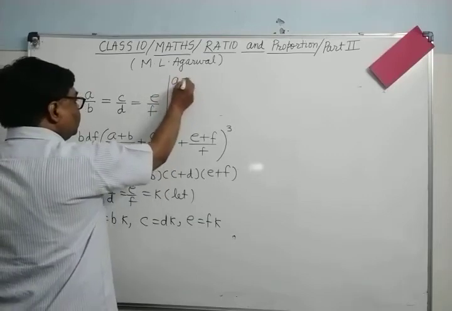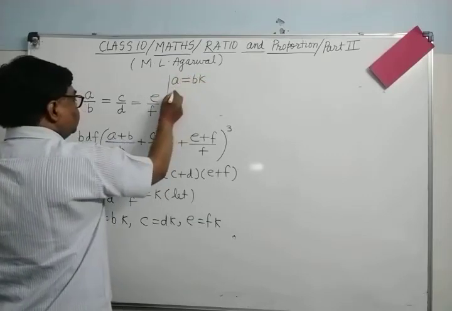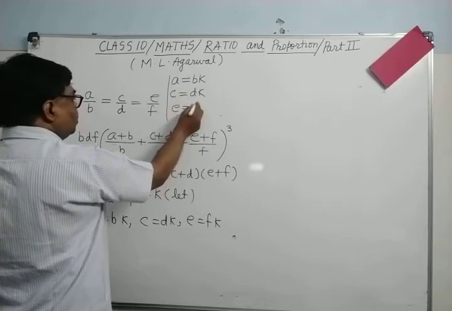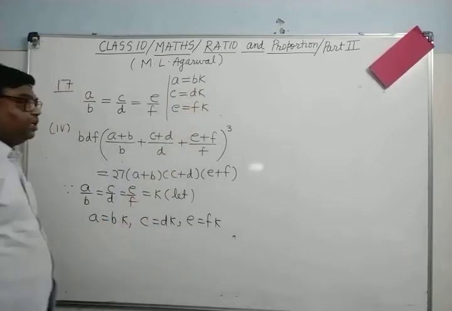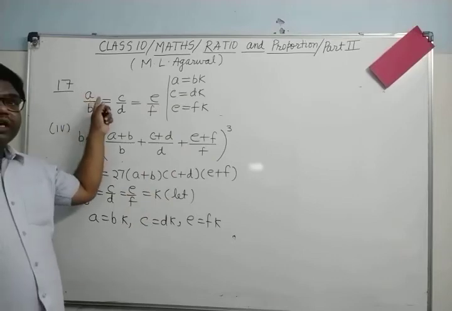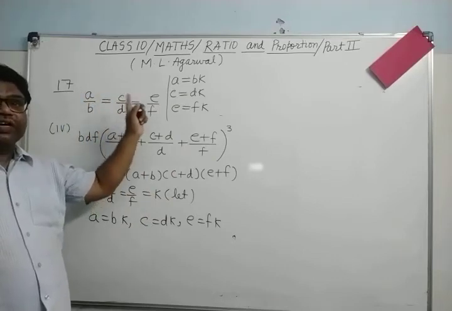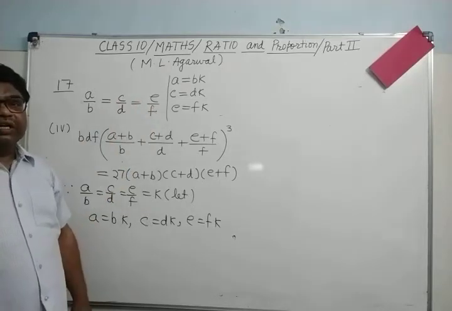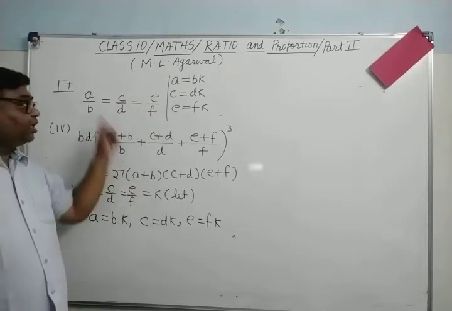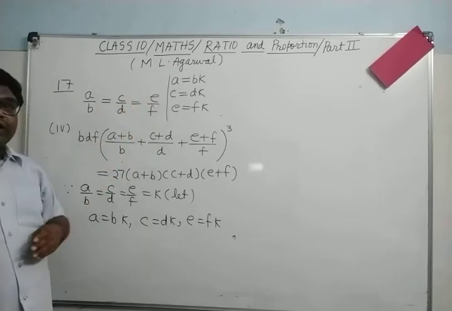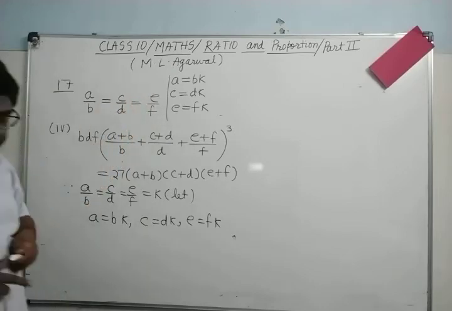You have got A equals BK, C equals DK, E equals FK. Means here you have found the value of the numerator in terms of K and the denominator. हमने न्यूमरेटर की वैल्यू हर जगह पर डिनोमिनेटर और K के टर्म्स में फाइंड आउट कर ली है.